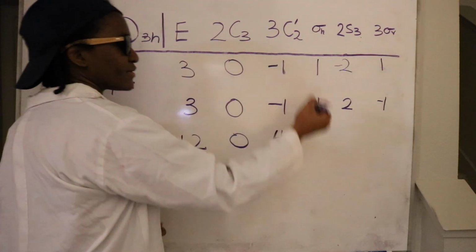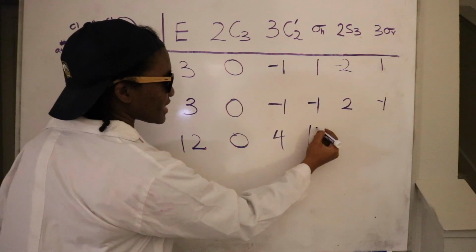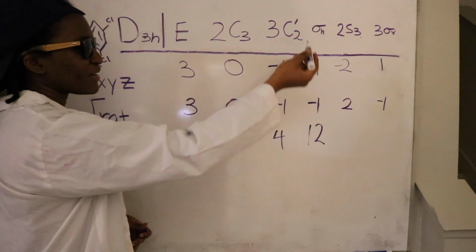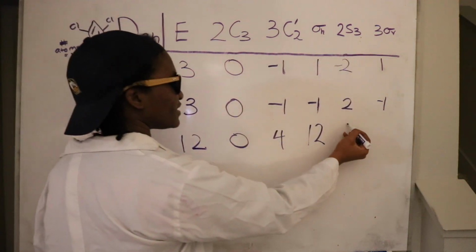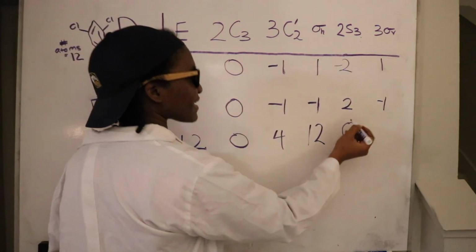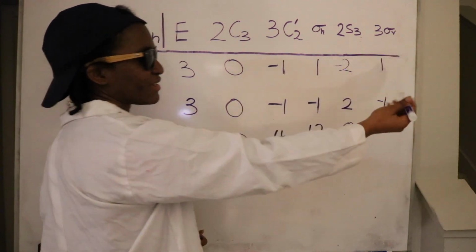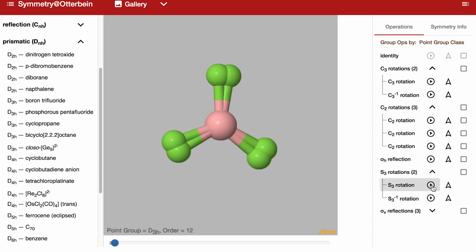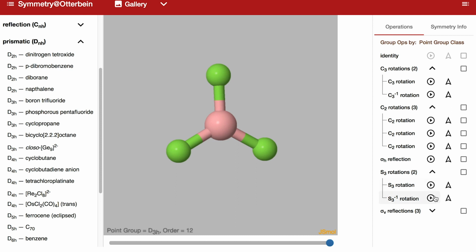Sigma H, 12. For horizontal symmetry, we can see that nothing happens. It doesn't move at all. Improper rotation, S3, 0. Sigma V, 4. For the improper rotations, we see that once again, everything moves, which accounts for the 0.